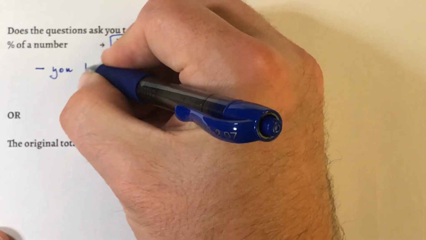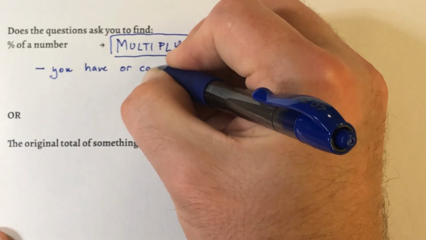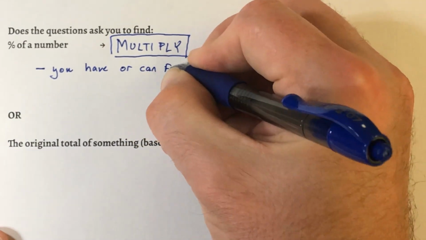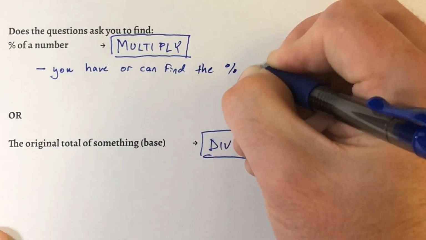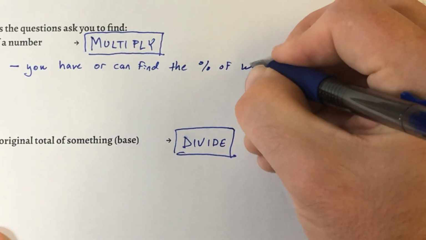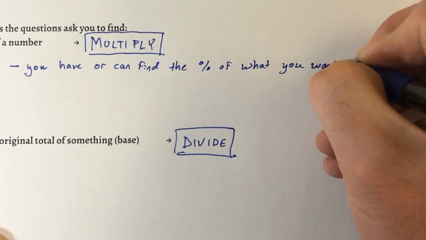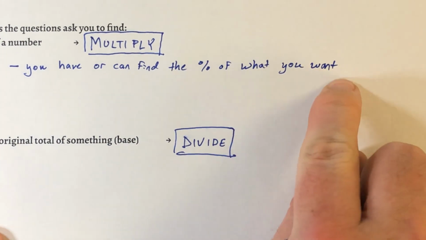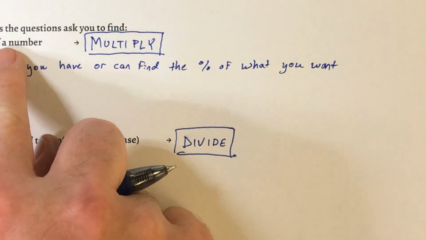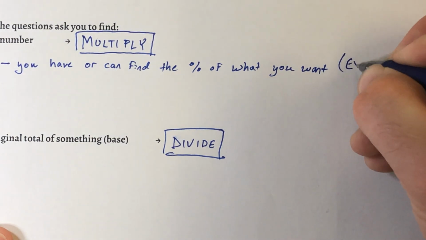You will have, or you can find, the percent of what you want. If you have, or you can find the percent of the thing you want, you're finding a percent of a number. You can look at example 3 for this.